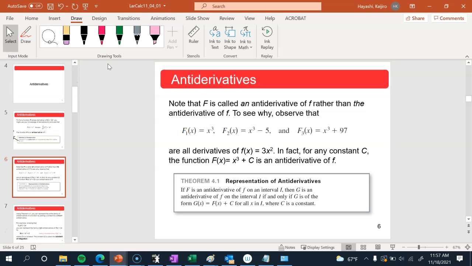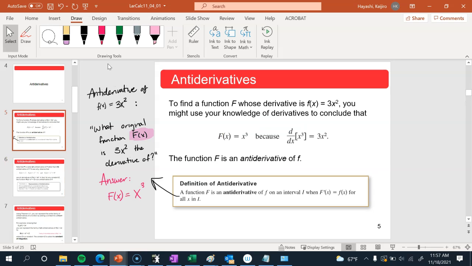All right. Now, in thinking about what the antiderivative of 3x squared was, we came up with an answer, right? x cubed. But you might notice that this would not be the only answer.